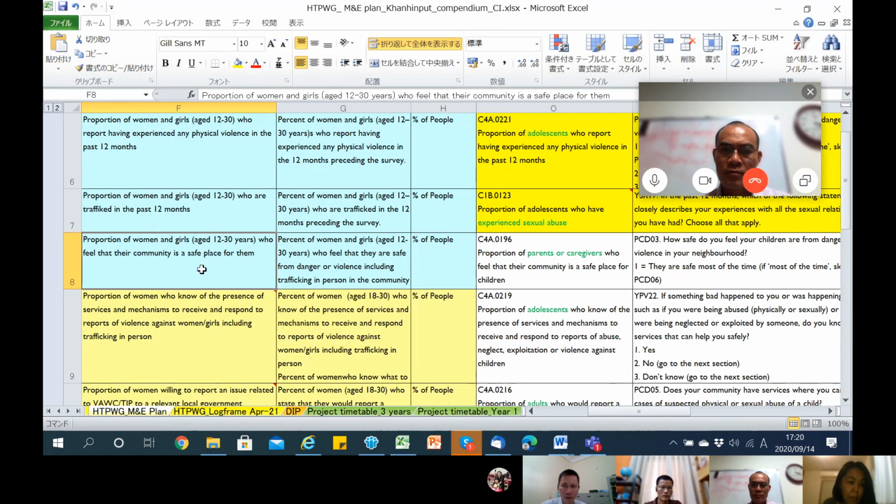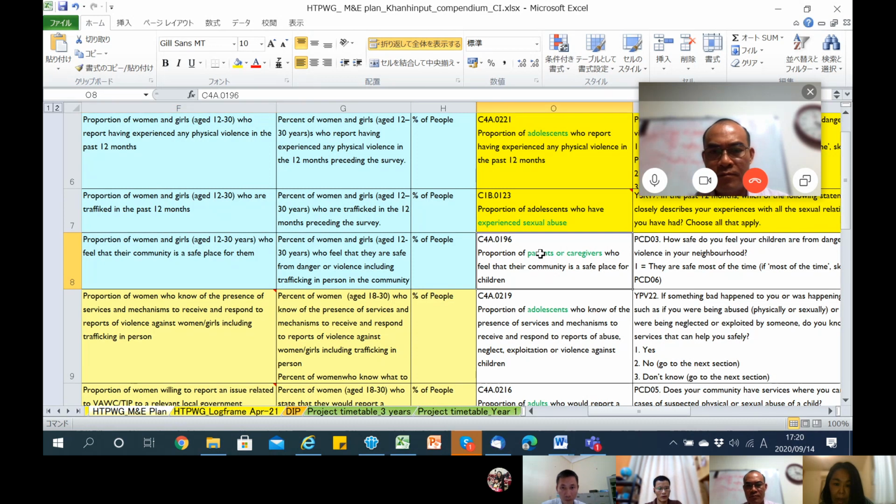Also this one: proportion of women and girls who feel that their community is a safe place for them. For this indicator, we have a compendium indicator, but this is slightly different. The compendium indicator states the proportion of parents or caregivers who feel that their community is a safer place for children.